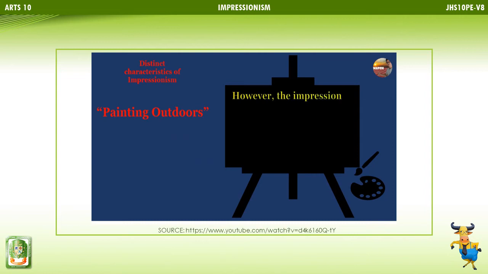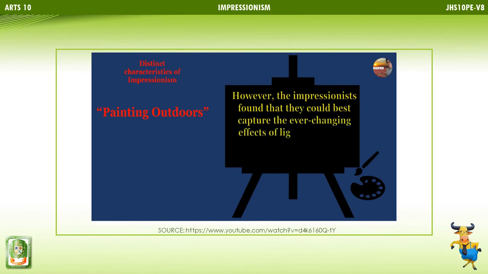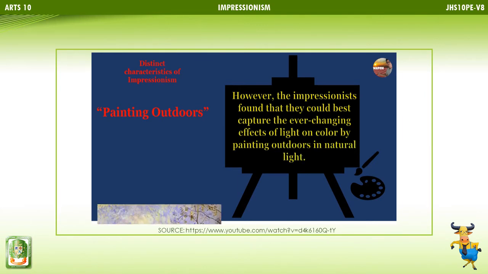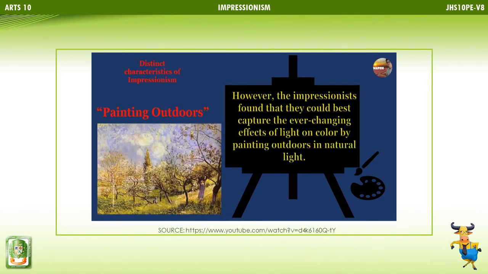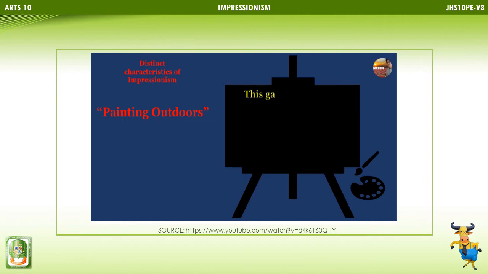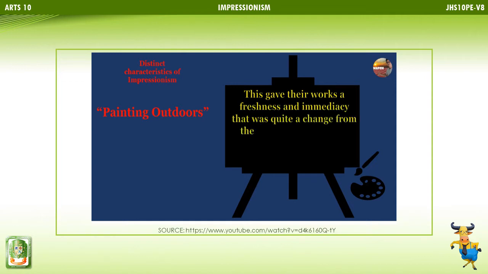However, the Impressionists found that they could best capture the ever-changing effects of light on color by painting outdoors in natural light. This gave their works a freshness and immediacy that was quite a change from the stiffer, heavier, more blunt paintings of earlier masters.